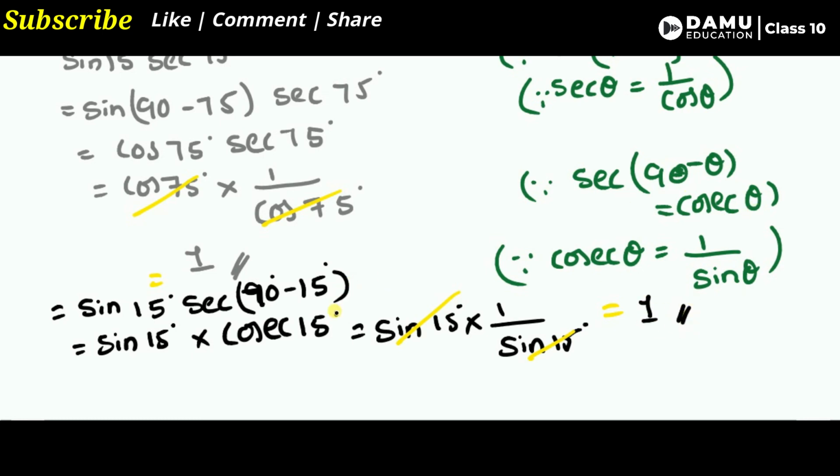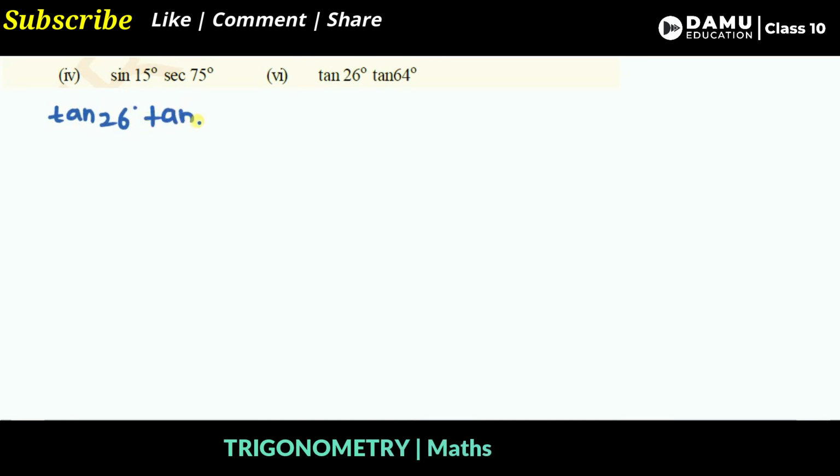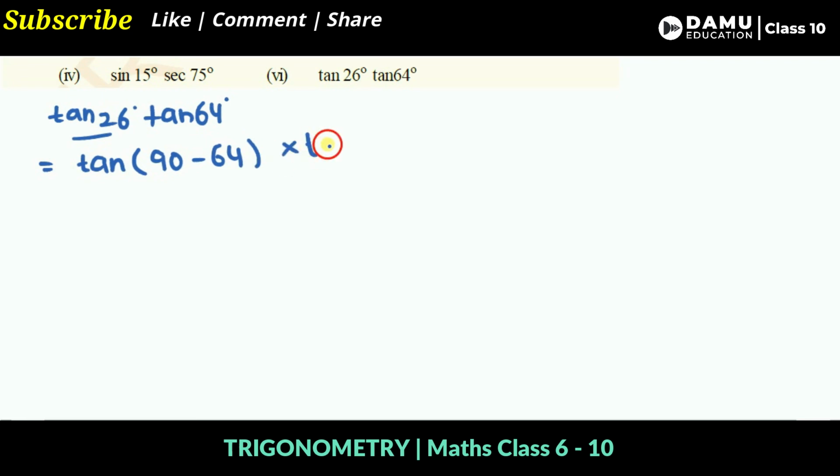Let's move on to the next one. Our sixth one: tan 26 degrees, tan 64 degrees. First, let's convert tan 26 degrees into the format of tan of 90 minus 64 degrees, into tan 64 degrees. As we know, tan of 90 minus theta will be equal to cot theta.